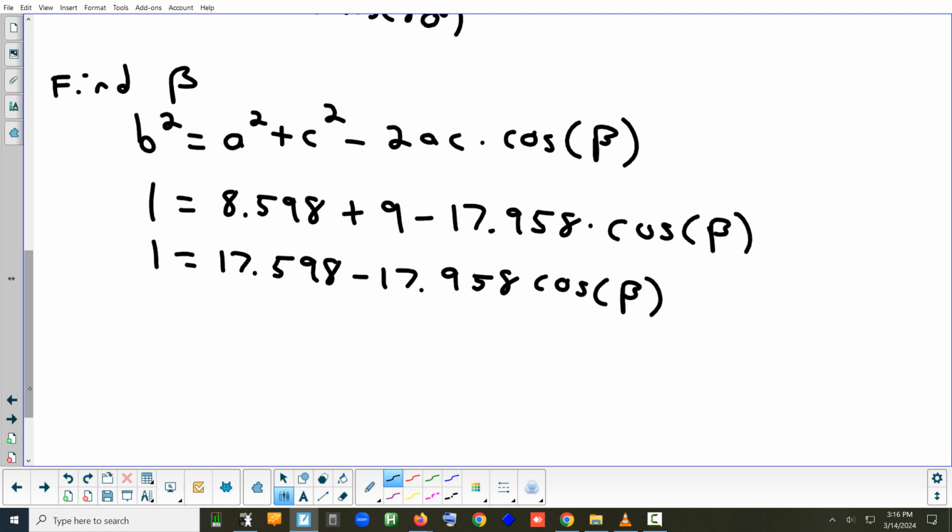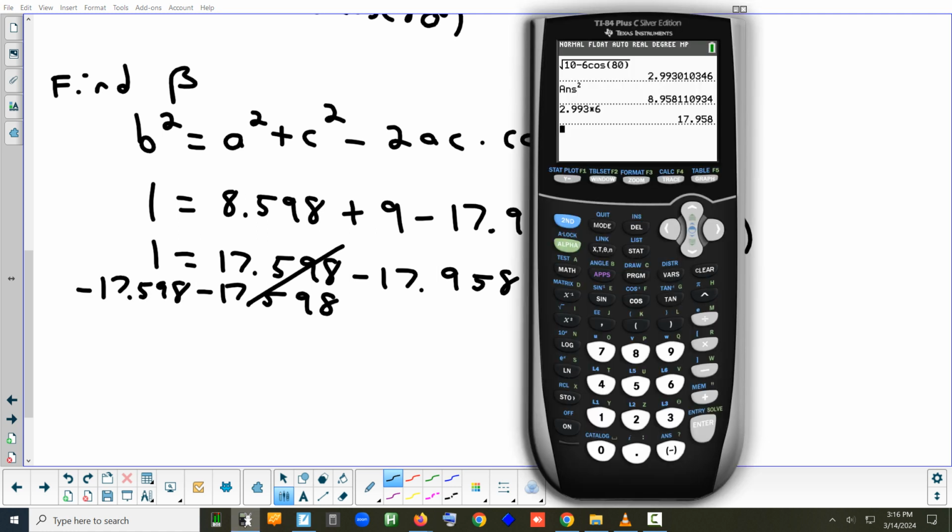Would we subtract 17.598 from each side? Yep. Subtract 17.598. 1 minus 17.958.